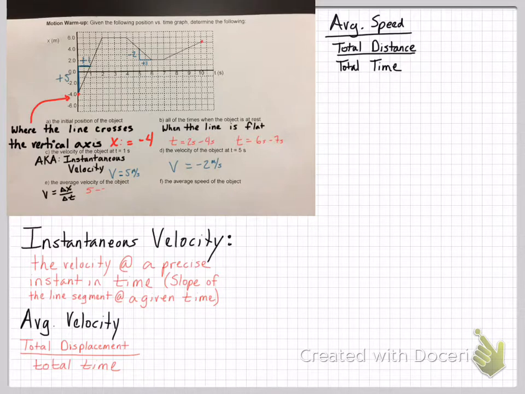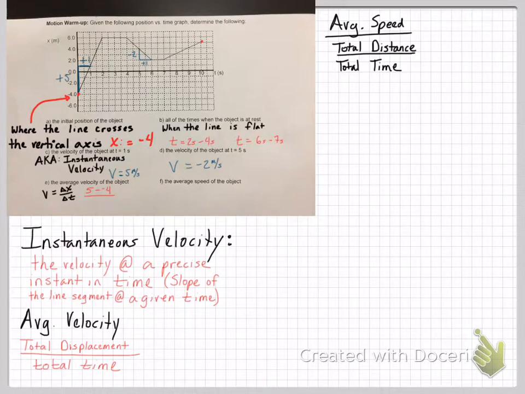So we have to find the final position of our object. We place a dot there, and that dot happens to be at 5 meters. As far as the vertical axis is concerned, its position is 5 meters, and its initial position, our original position at the very beginning of the graph that we found in part A, is -4. So 5 minus -4 turns into +9.